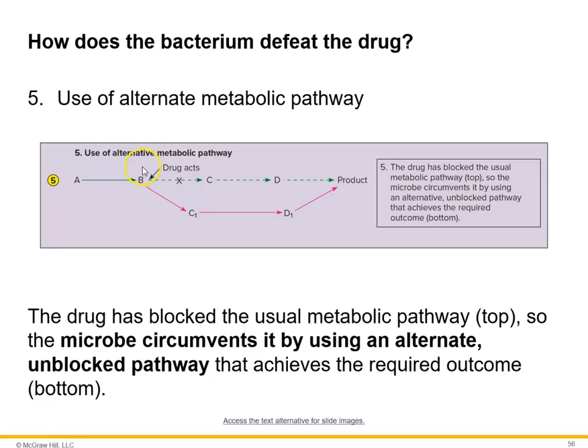What the microbe can do is it can turn on an alternate pathway. So it can take B and instead of converting it to C, it's going to convert it to C1 via this enzyme. And then C1 can go on to become D1 via this enzyme. And then another enzyme is going to convert D1 into the final product. And in this way, the microbe can outsmart our drug.